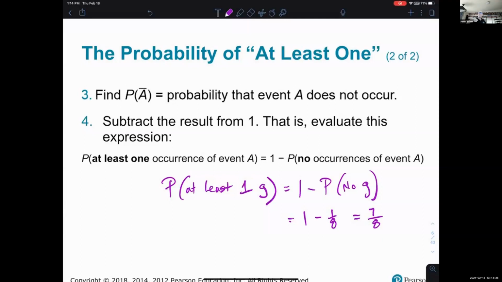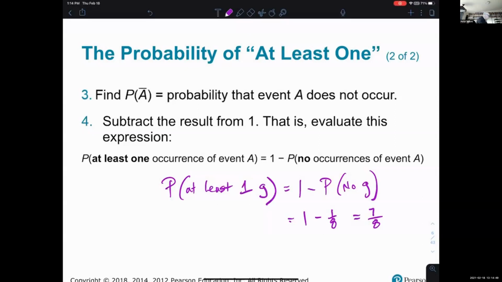And oftentimes that's a much easier calculation. So if I want the probability of getting at least 1 girl when there's 8 different ways that I can have results, well, that's 1 minus the probability of no girls, which is a 1 out of 8 possibility. So I take 1 minus 1 out of 8 and I get 7 out of 8.